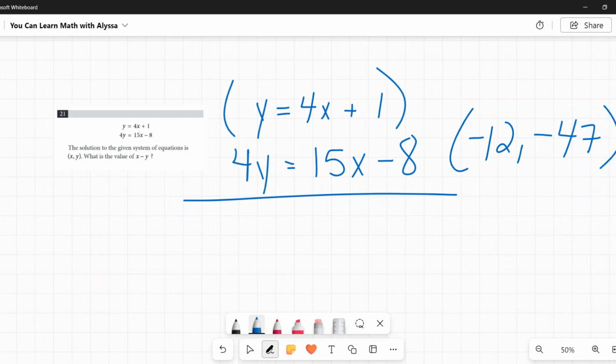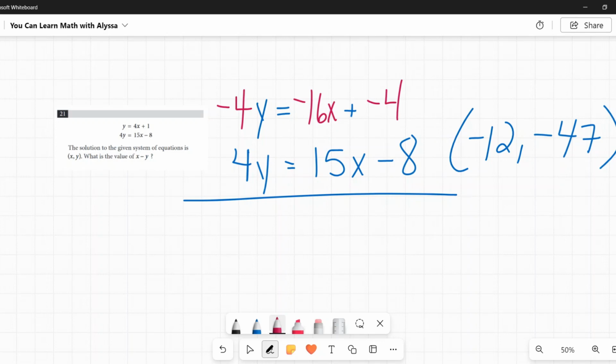Multiplying y by negative 4 gives negative 4y. 4x times negative 4 gives negative 16x. And 1 times negative 4 gives negative 4. I'm just compressing; you can write all these out separately.